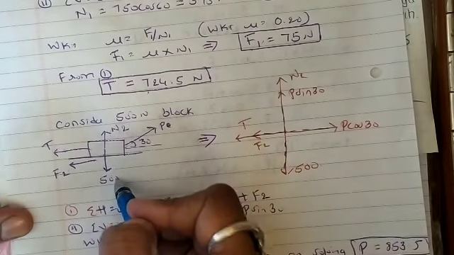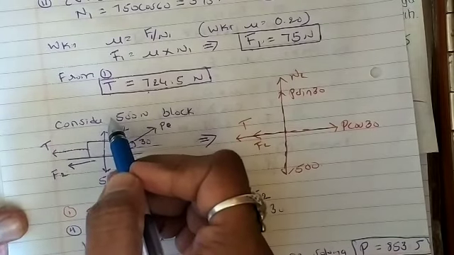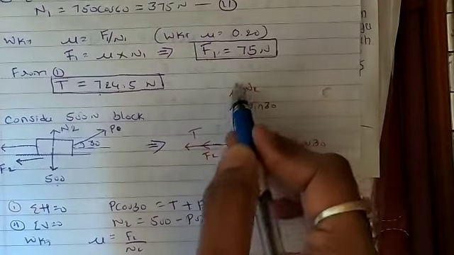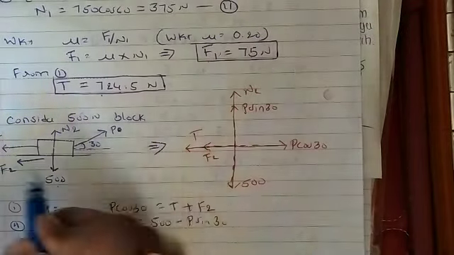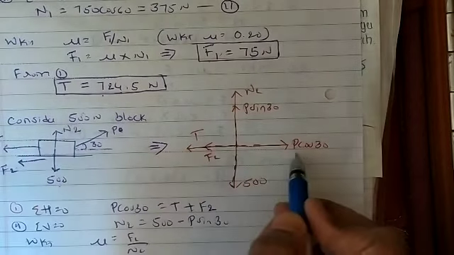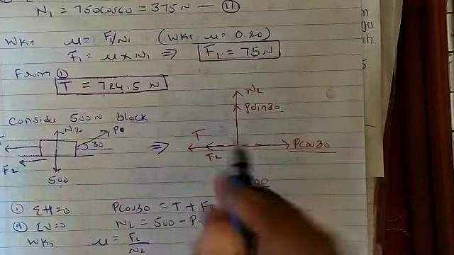The weight acts vertically downwards and the normal reaction vertically upwards. In the axes: N2 acting vertically upwards, T and F2 acting along the negative x-axis, P cos 30, P sin 30, and the weight acting vertically downwards.